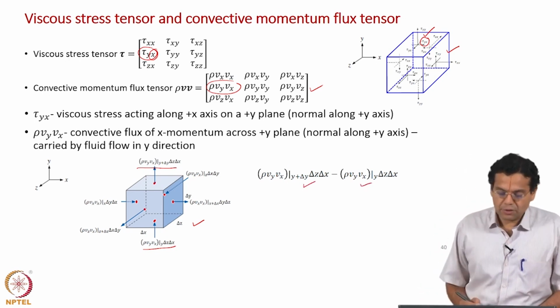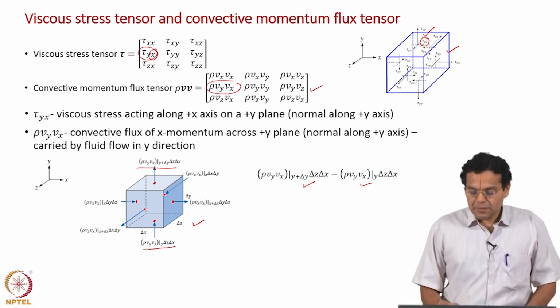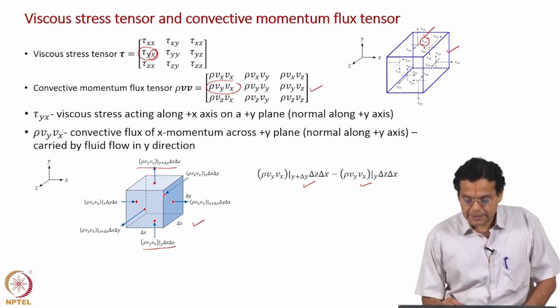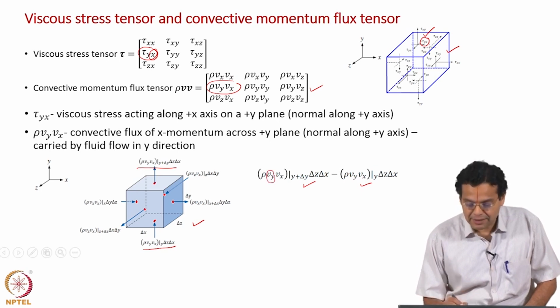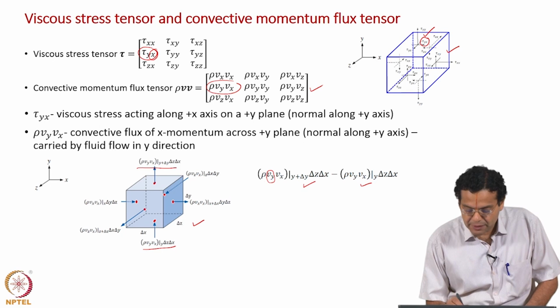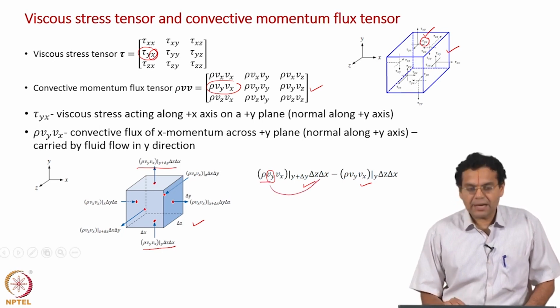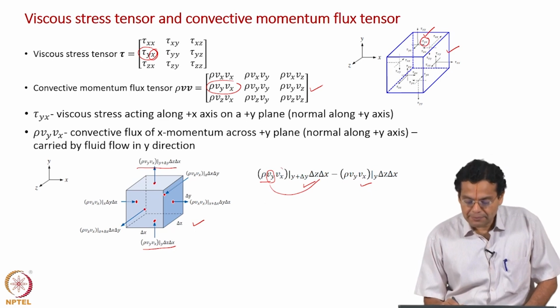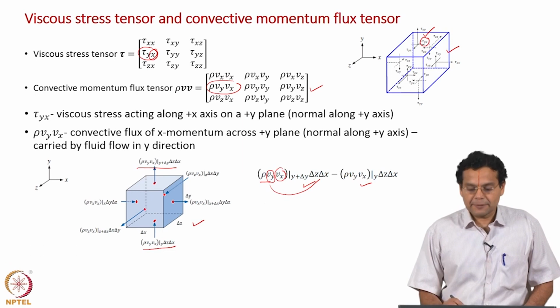And what does rho vy vx delta z delta x represent? To recall, we said we will represent this as volumetric flux, just like we had done in the previous slide. With this you get mass flux, multiply this with the area, you get the mass flow rate, multiply by velocity vx, you get the momentum in the x direction.